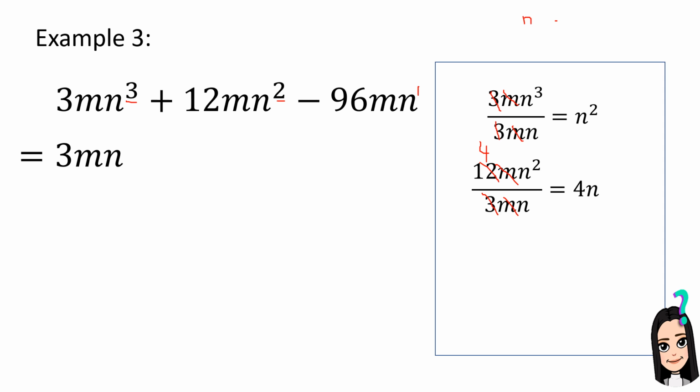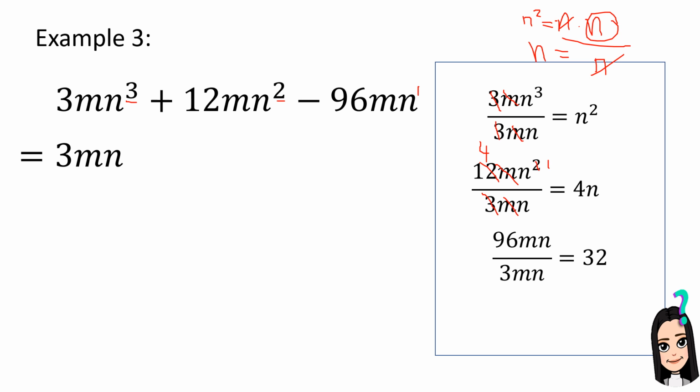So n squared can also be written as n times n. Next, n divided by n. So the only remaining n is 1. So we have here 4 times the remaining 1n. So 4 times n, that is 4n.